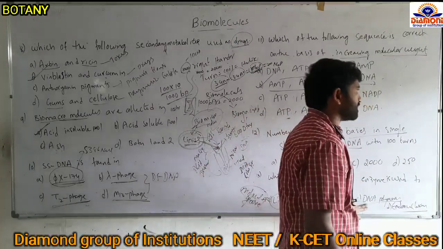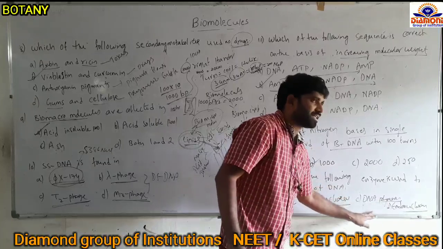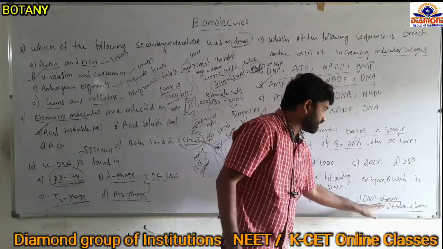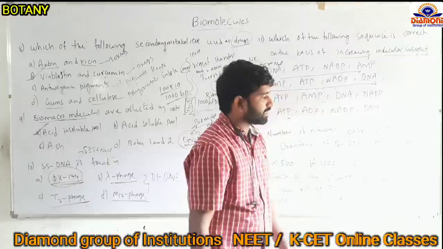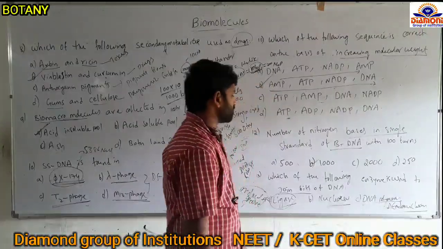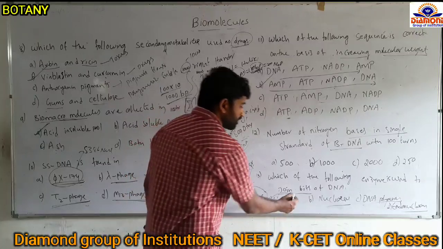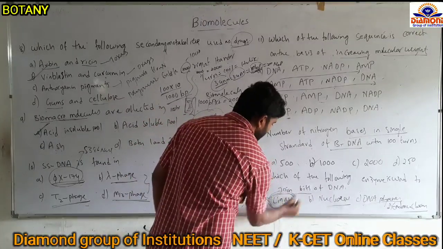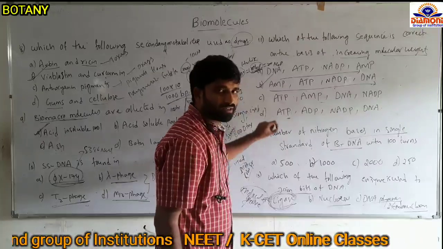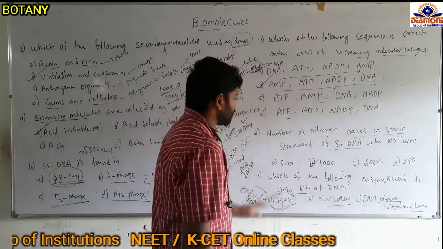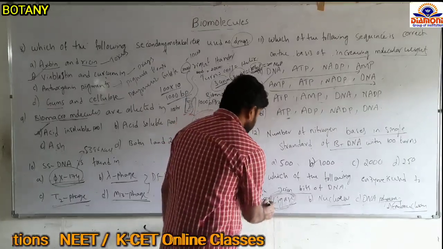DNA polymerases synthesize the complementary nitrogen bases. Endonucleases cleave the DNA inside. Those are the different types of enzymes. Out of these, ligase enzymes are used for the binding or joining of two DNA strands. So the answer is ligase.